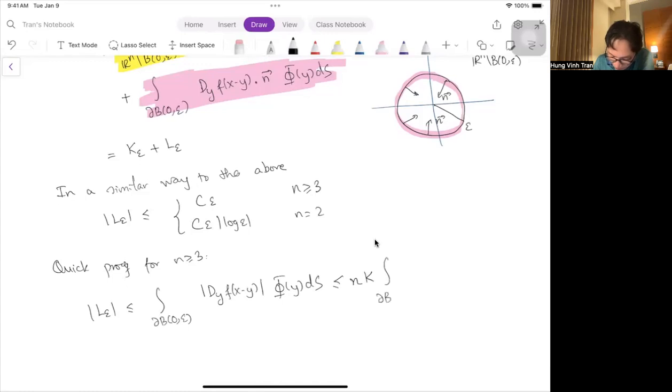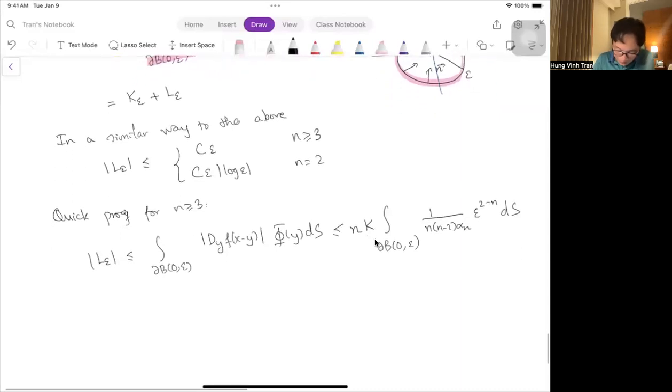Integral on this sphere of radius epsilon. Phi of y there is a constant, 1 over n times n minus 2 times alpha n, times x to the power n minus 2, but x is epsilon, so epsilon to the power 2 minus n ds.